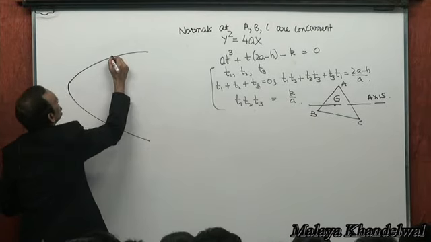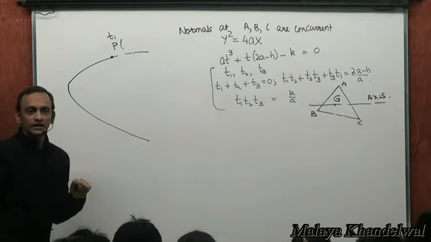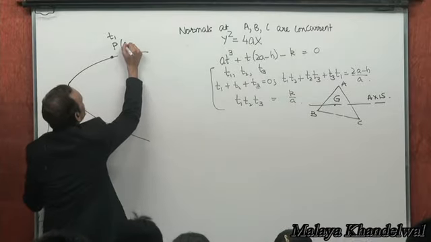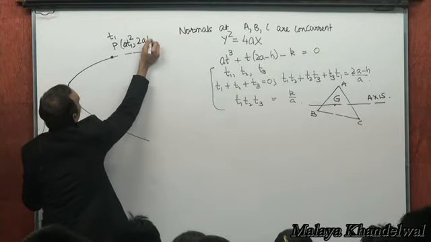Now, if there is a point P, call it T1. That means this point P has coordinates a T1 squared comma 2a T1.